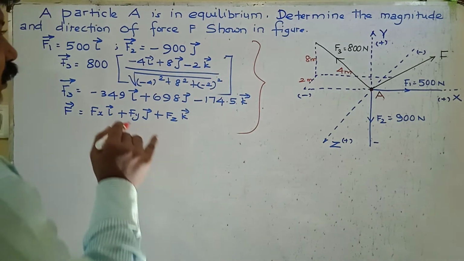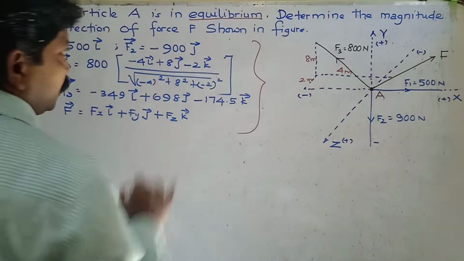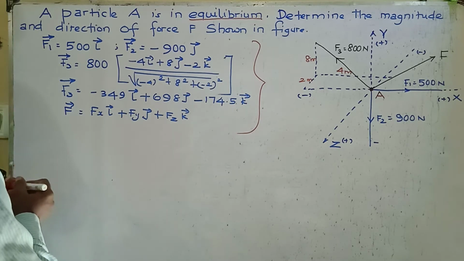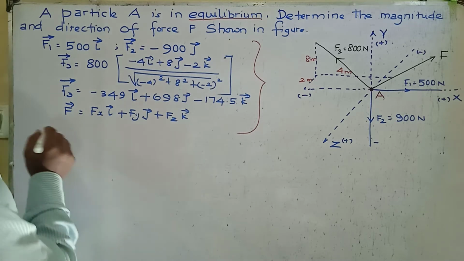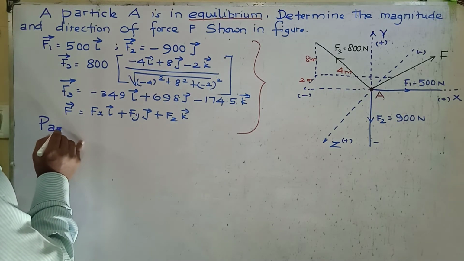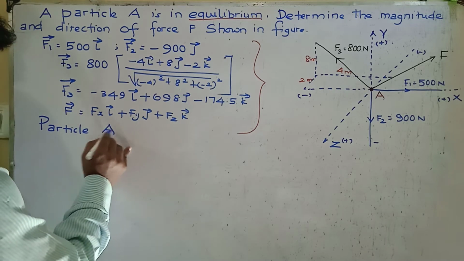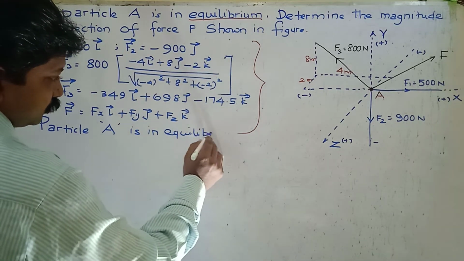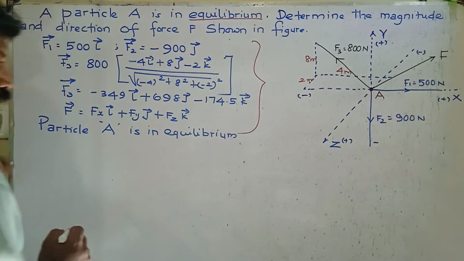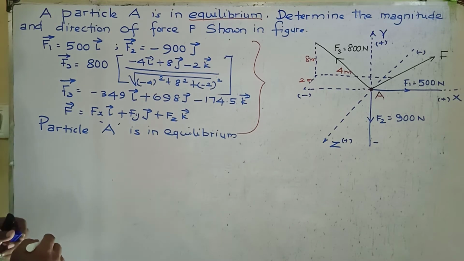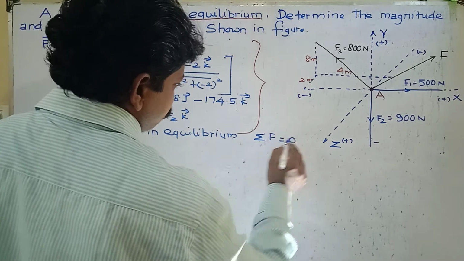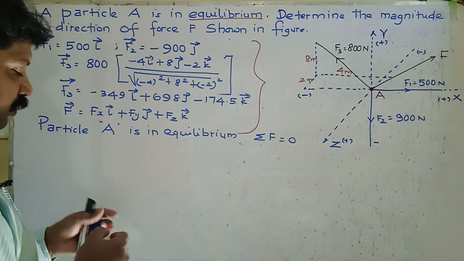Particle A is in equilibrium. So what is the equilibrium condition? A particle or body in equilibrium has sigma F equal to 0.